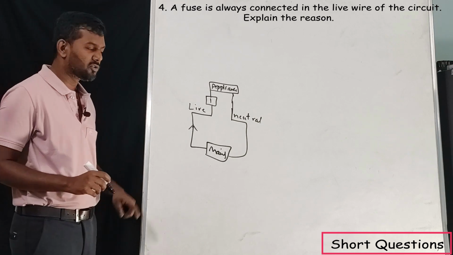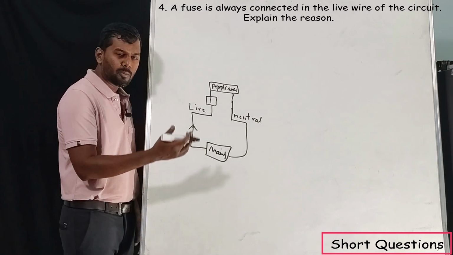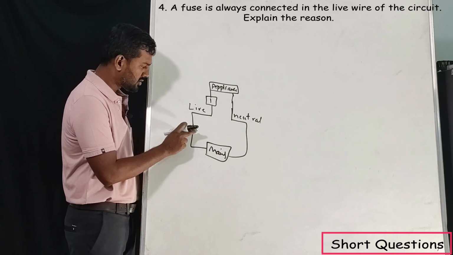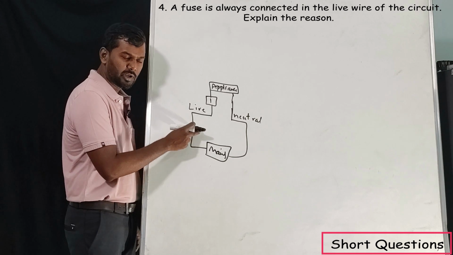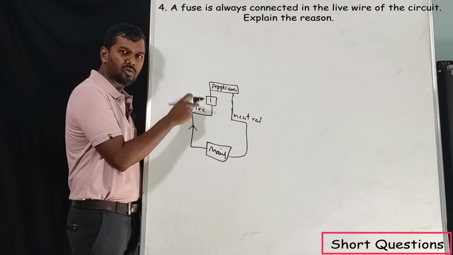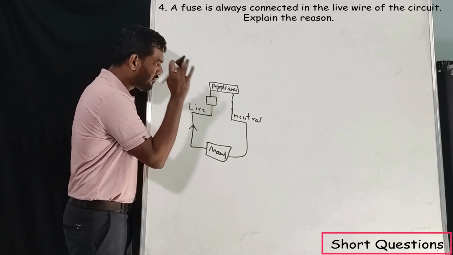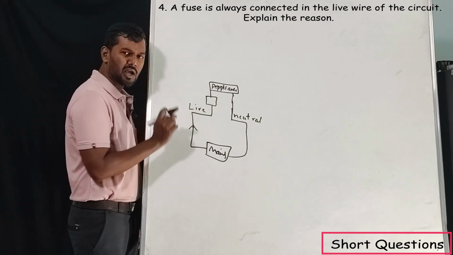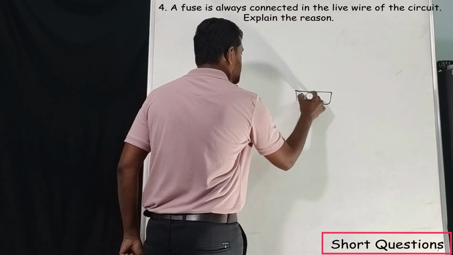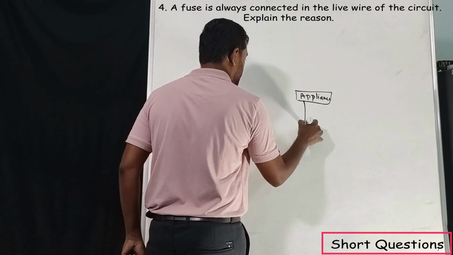Now any faulty current enters; all the appliances are always connected to the mains through the live wire. So the high potential voltage will come from the live wire only. So it has to be connected to the live wire, and they are asking why. If the faulty current comes, it will safeguard the appliances. Now assume what if we connect the same fuse to the neutral wire?